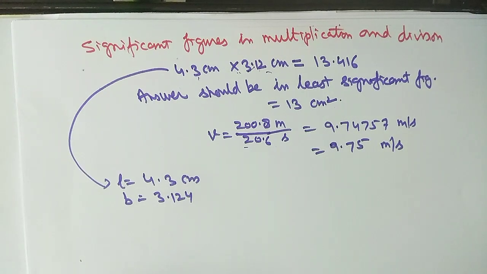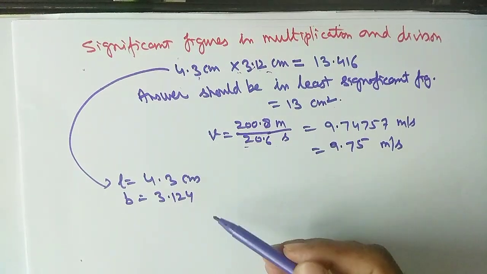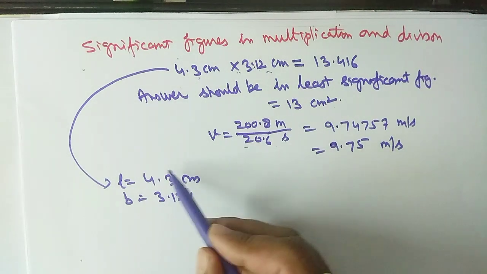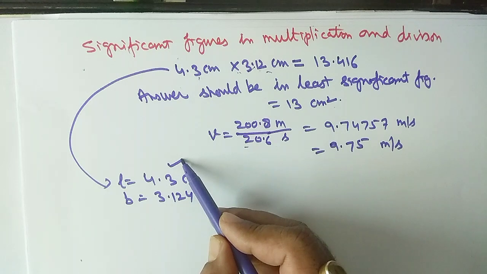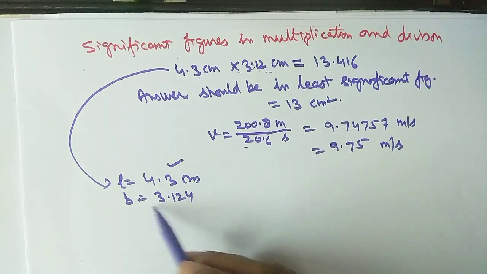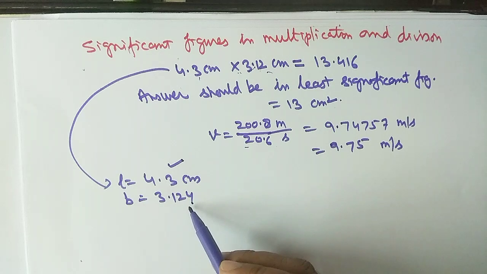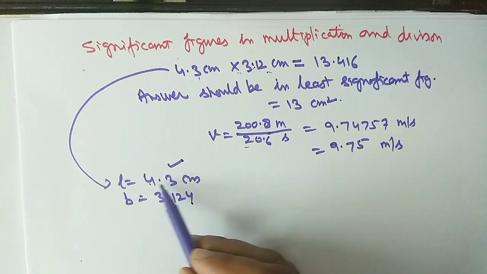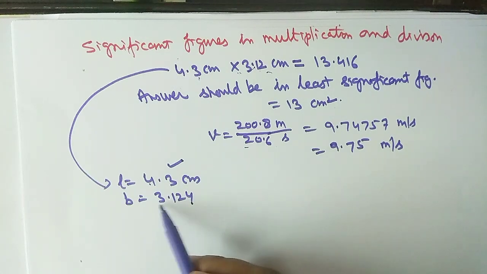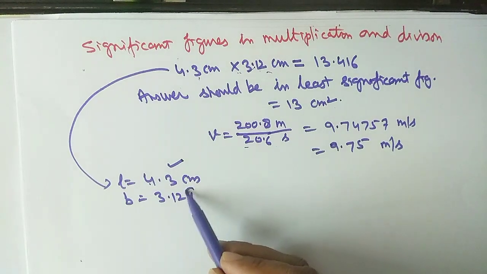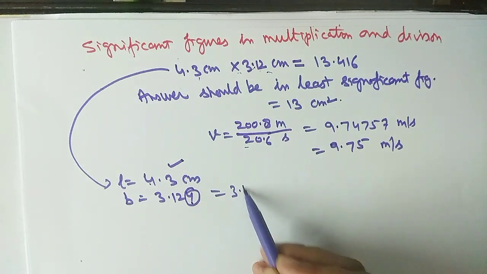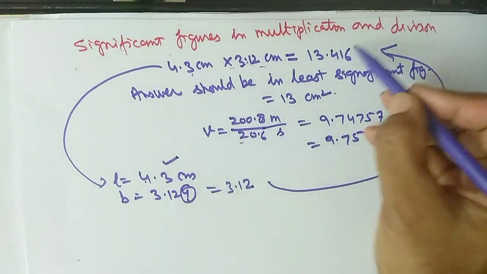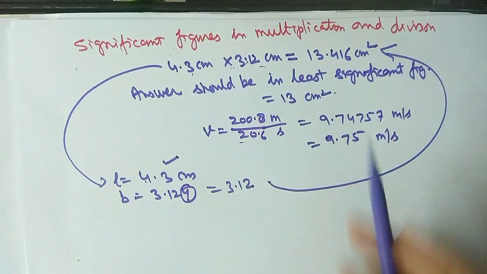In that case, you have to take the first value as it is, of the lesser significant figure, and the next number should always be plus one significant figure. Here the significant figure is 2, so take this in 3 significant figures. After rounding off, you will write 3.12, and then you will multiply this to find the area like this.